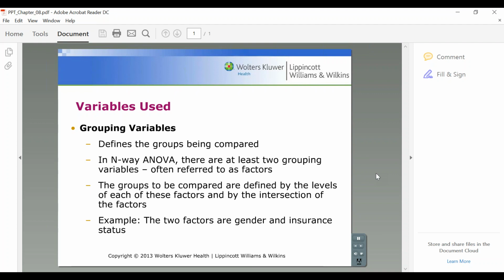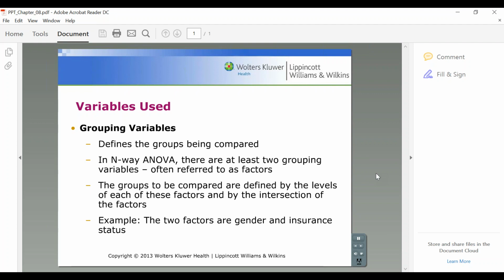And then sometimes they're referred to as factors. The groups being compared are defined by the levels of each of these factors. So in the previous example, factor 1, or independent variable 1, was gender, and the 2 levels are male or female, okay?